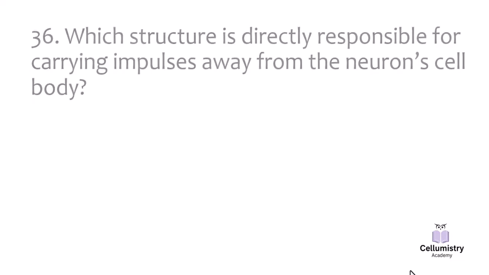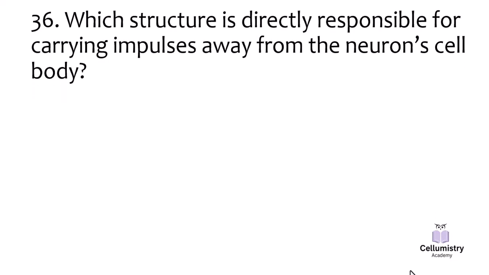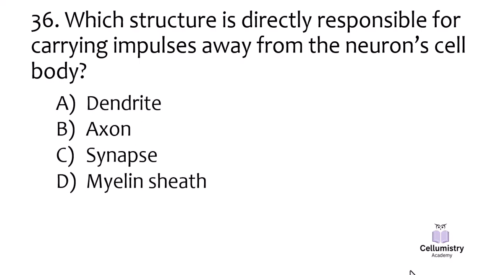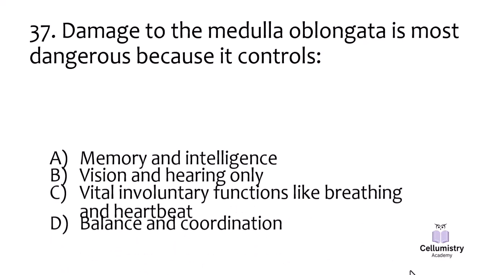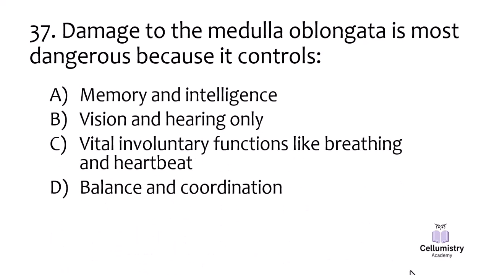Which structure is directly responsible for carrying impulses away from the neuron's cell body? Answer is B. Axon. Damage to the medulla oblongata is most dangerous because it controls. Answer is C. Vital involuntary functions like breathing and heartbeat.